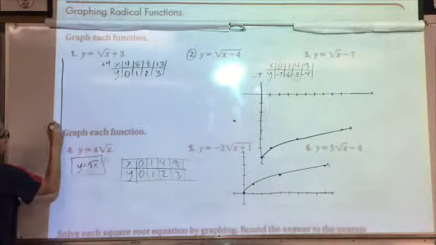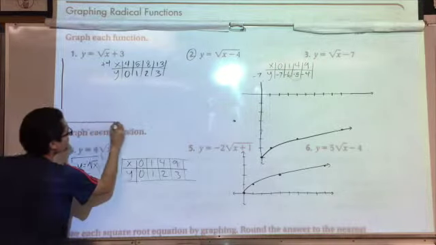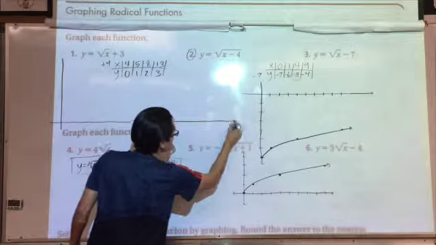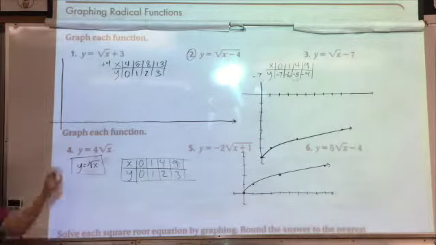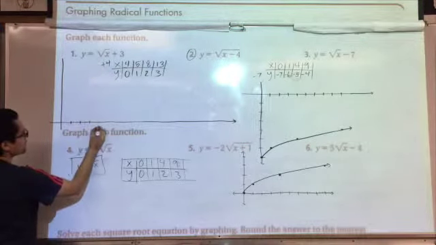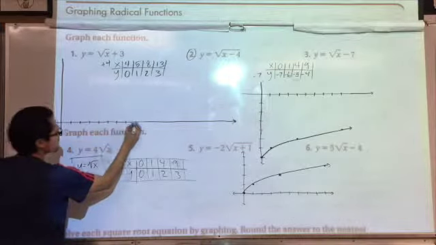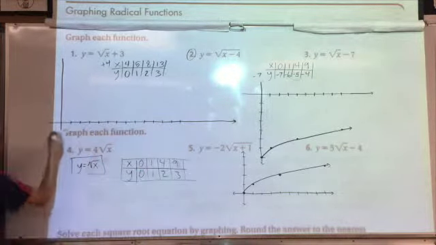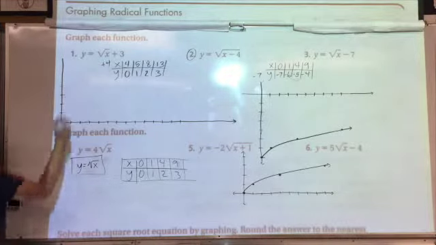All I want is positives, and it looks like I need to go all the way to 13 to make it fit. So I'm going to make this really big. Okay. So 1, 2, 3, 4, 5, 6, 7, 8, 9, 10, 11, 12, 13. That's what I need. And on this one, I only need 1, 2, 3.